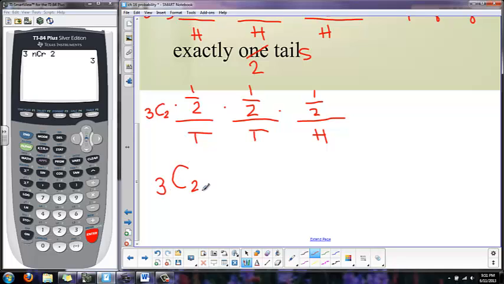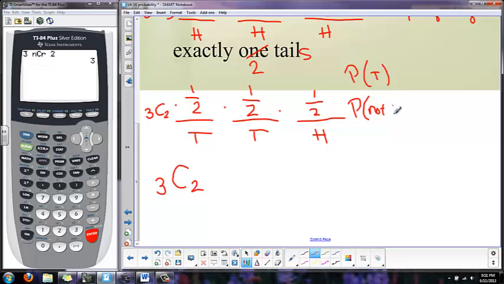3 choose 2. Now what we're going to say is, what is the probability of success? Well, in this case, our success was getting a tails, right? So in this case, our probability of success is to get a tails. And the probability of failure is not getting a tail.